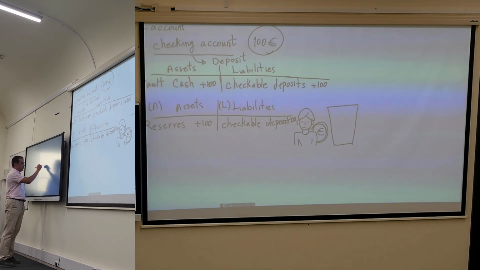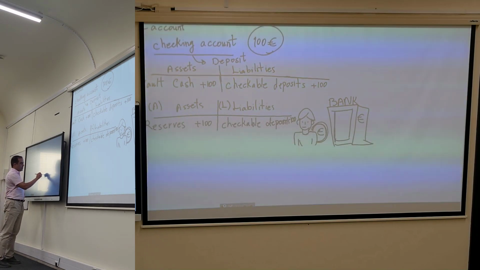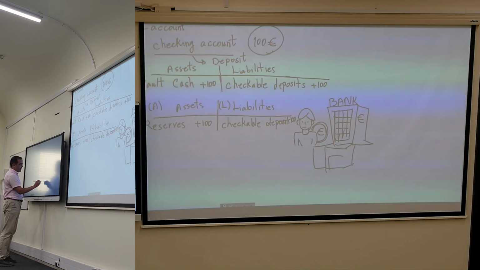Okay, so the banks are responsible for the money that the people put there as the deposit. So that deposit for the bank would be the liability, but at the same time, that liability for the bank is what?